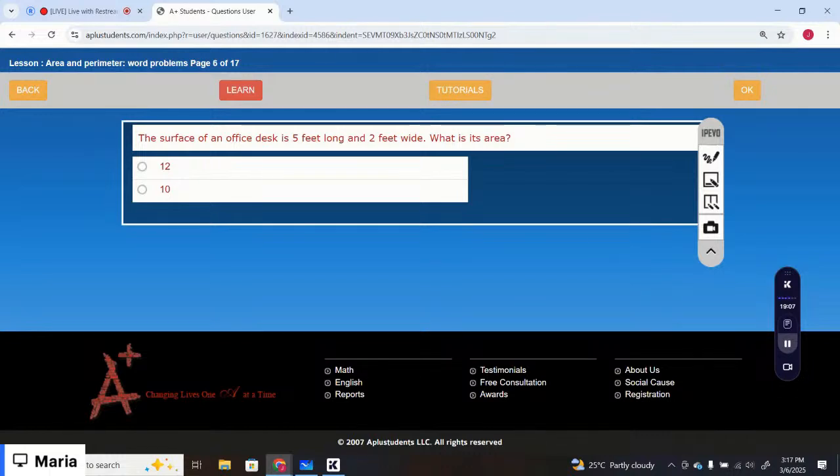That is 5 times 2 equals 10. Option number 2 is the correct option.